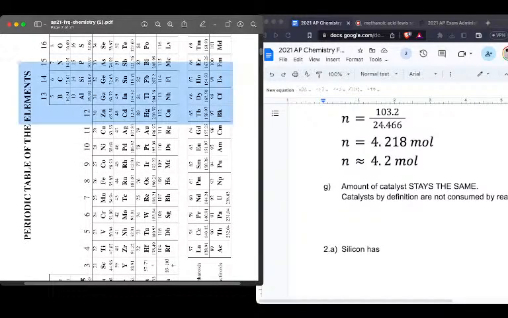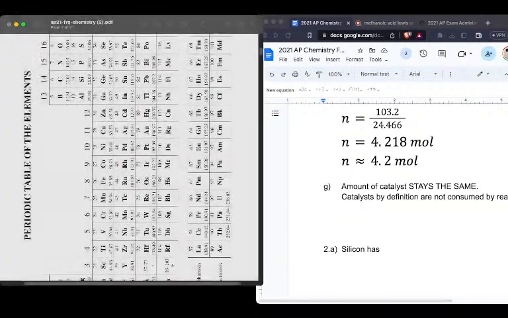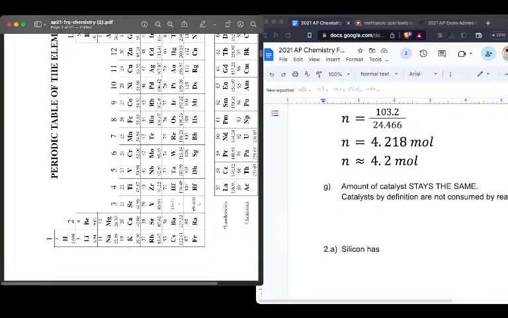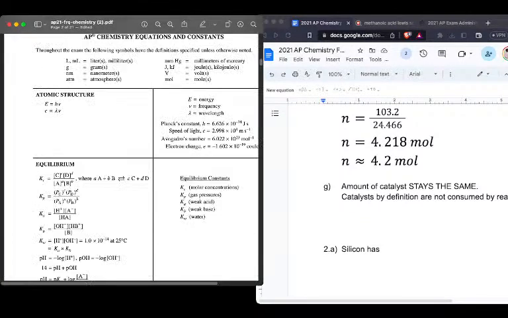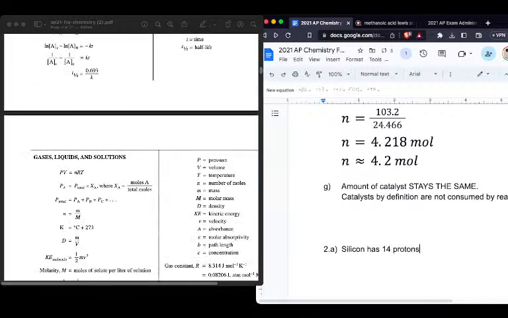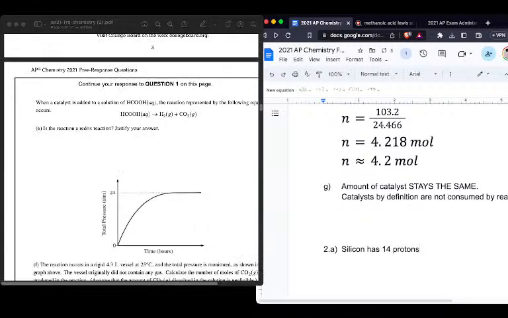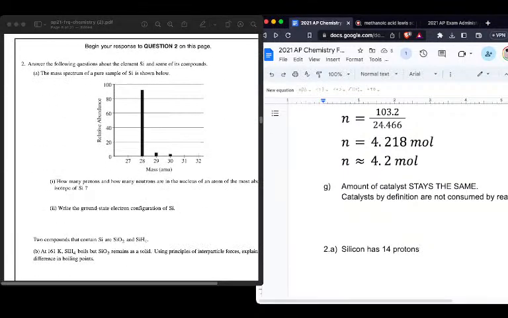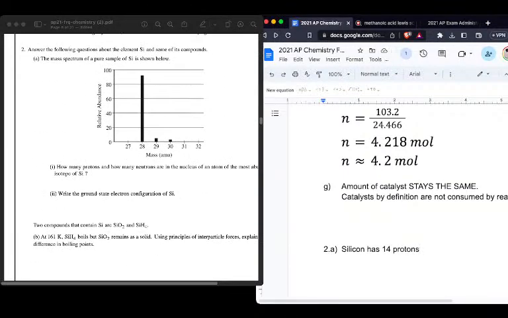Silicon is element number 14 on the periodic table. It's element number 14. So by definition, silicon has 14 protons. Now, the most abundant isotope weighed 28 total.